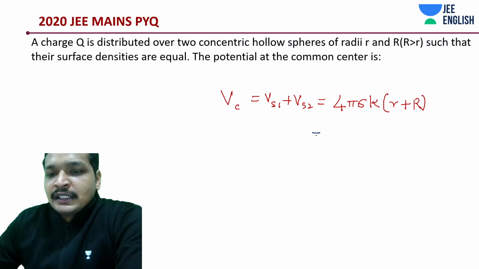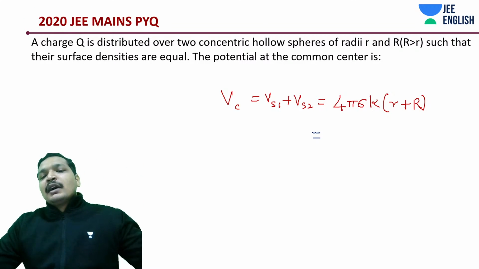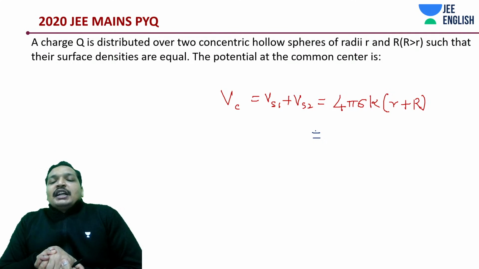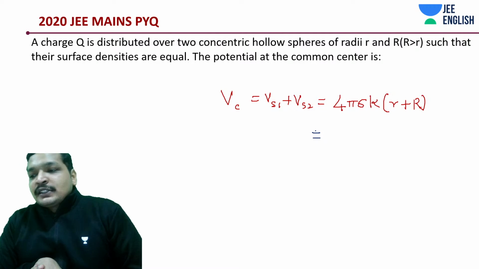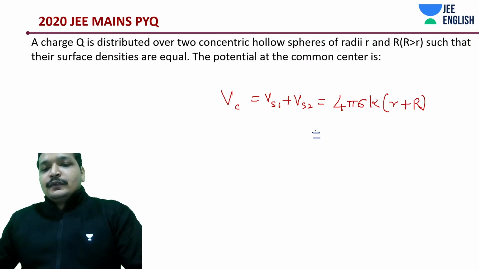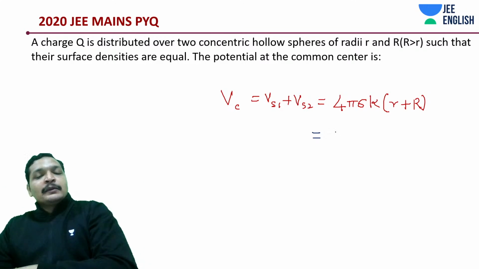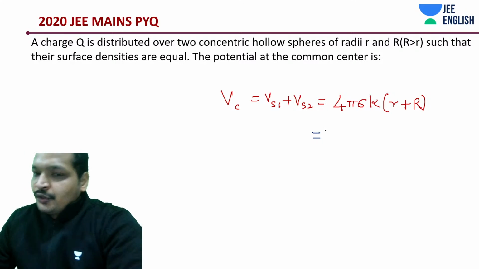Again, we need to simplify this. What was the value of sigma? If you remember, sigma was q divided by surface area 1 plus surface area 2. Basically, sigma into surface area 1 plus sigma into surface area 2 is equal to q. That's how you got it.